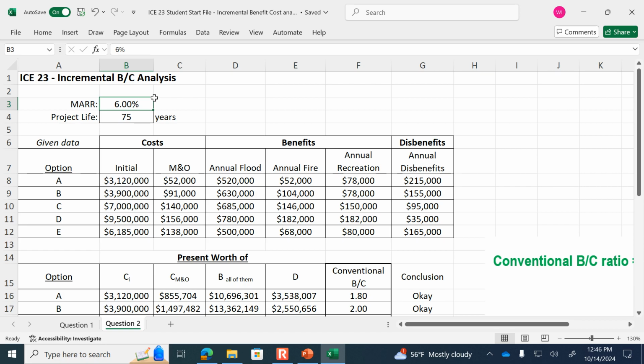If interest rates go up, then these projects are less feasible than they otherwise would be, because all of the benefits accrue in the future, but the majority of the costs are at the present. So if you have a high interest rate, it's saying the future benefits are worth less in today's terms. So question 2 asks, what's the highest interest rate that could still be used and still have an alternative with an acceptable B to C ratio?